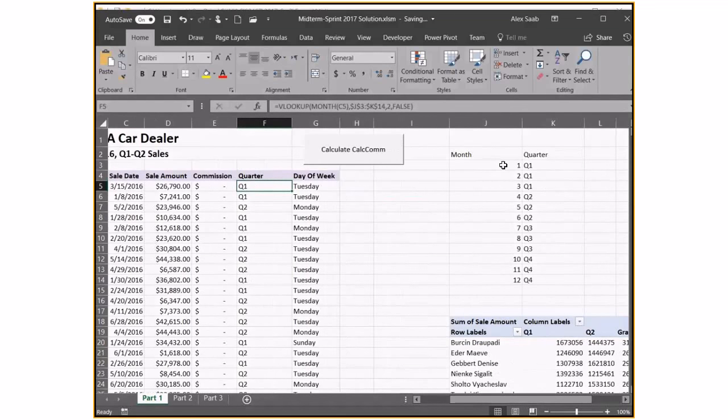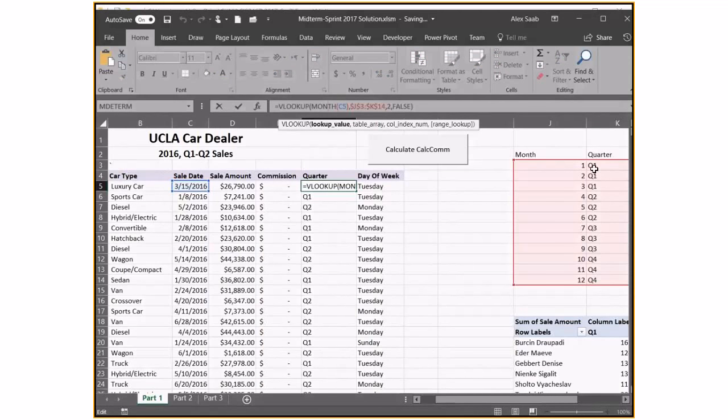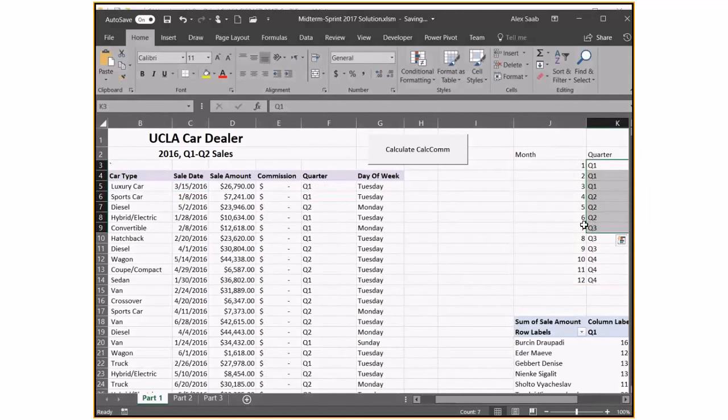For each month you specify which quarter, and then you do a VLOOKUP for the month of that date in C5. Look it up here. There are many ways to do it. You can do an IF statement like we've seen before. You can do it the way you want.